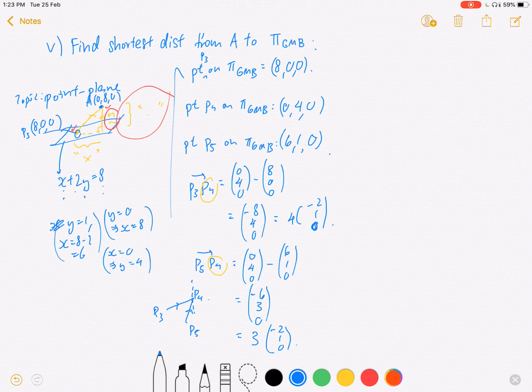Let me say it this way: when y is 1, x is 6, z can be anything. I see, I have understood. Observe that all these points are on z equals 0, which means that if I were to draw my plane, isn't this the y-axis?